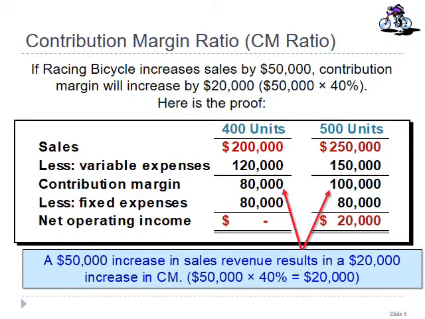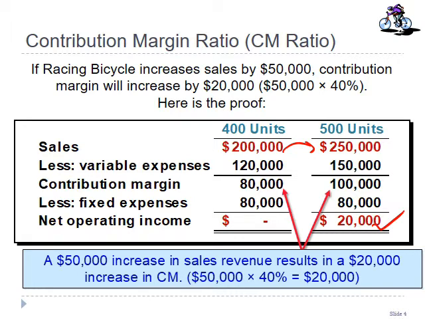So let's see how we can use the contribution margin ratio to look at the contribution margin income statement of RBC, in a little different way. So here, if RBC is able to increase its sales by 50,000, then it will increase its contribution by 20,000.